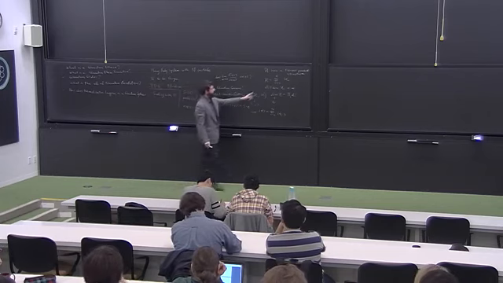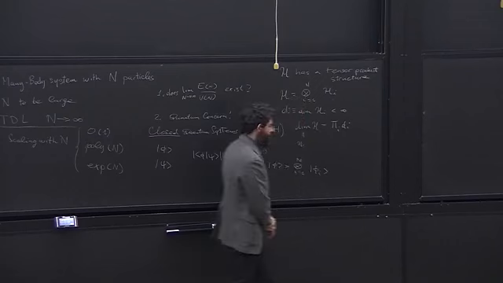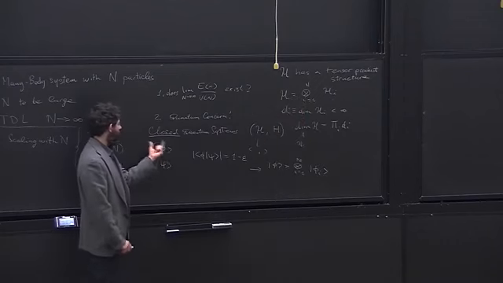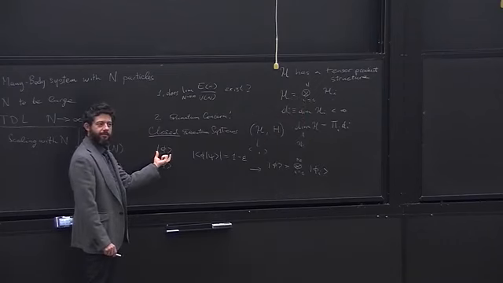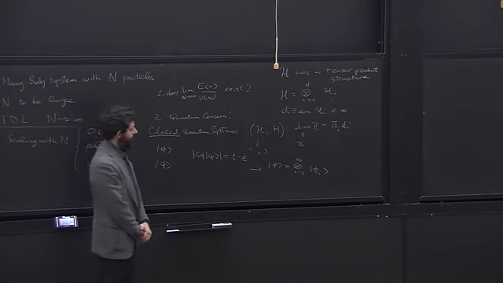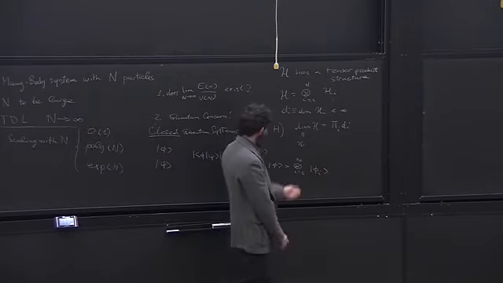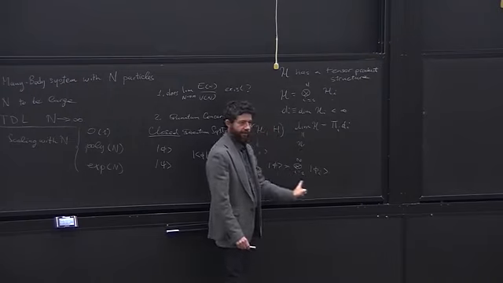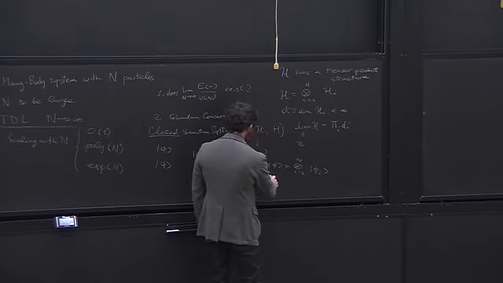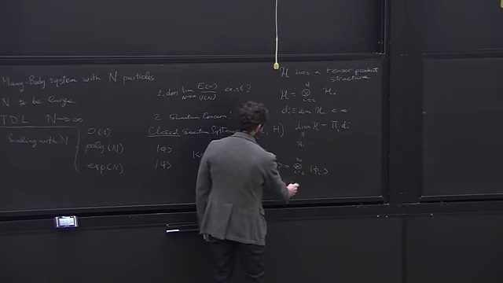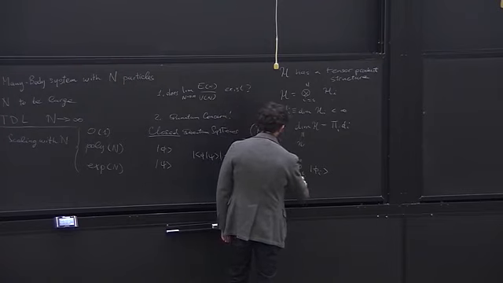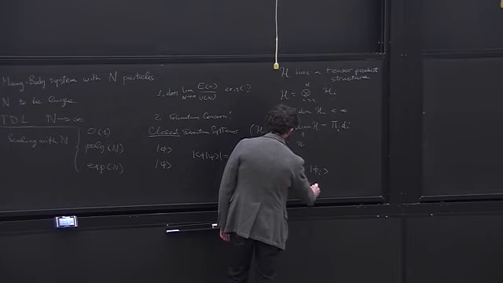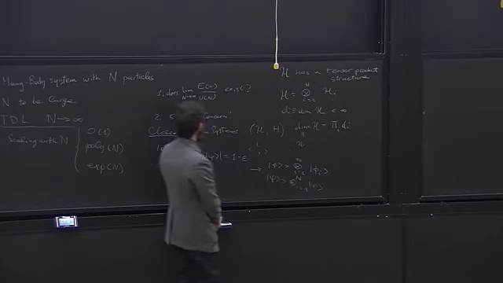Imagine that our Hilbert spaces are all the same. For every particle, every particle is in the same state. Just as an example. Actually, it doesn't matter if it's exactly the same state or not. It just matters that it is a tensor product. And the same for psi.